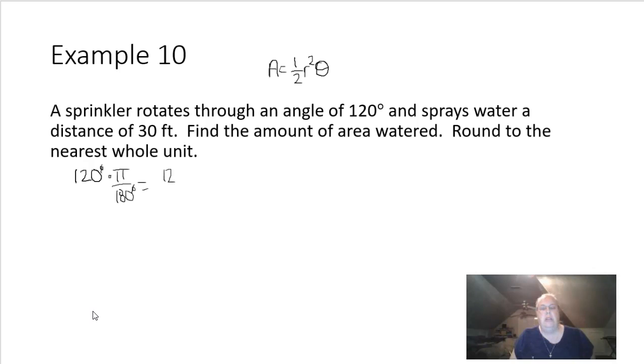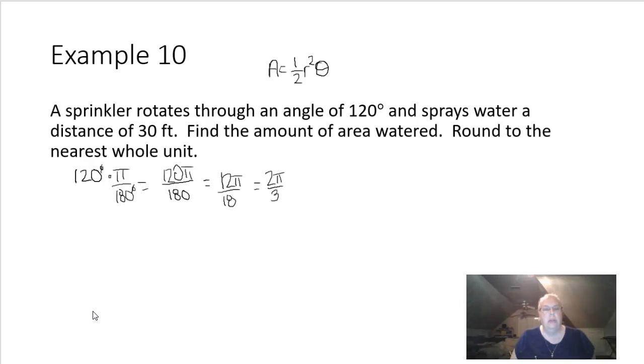This is going to give me 120 pi over 180. And then since both of these end in 0, I know 10 can go into both of them. That's going to give me 12 pi over 18. And I believe 6 can go into both of these, so that's going to give me 2 pi over 3. So my angle theta is going to be 2 pi over 3.